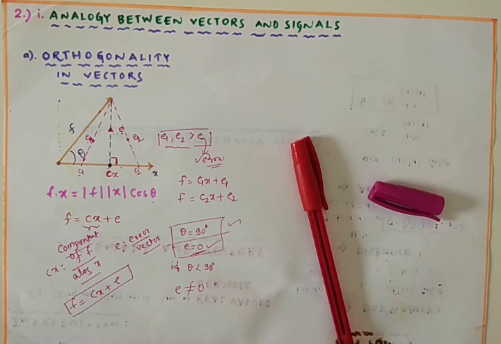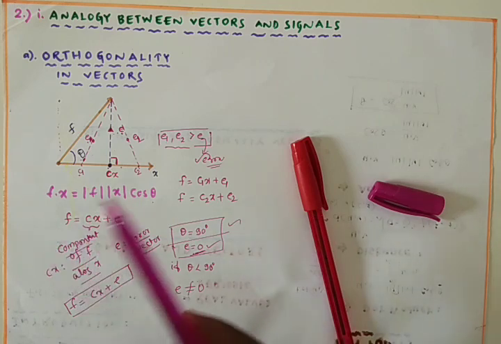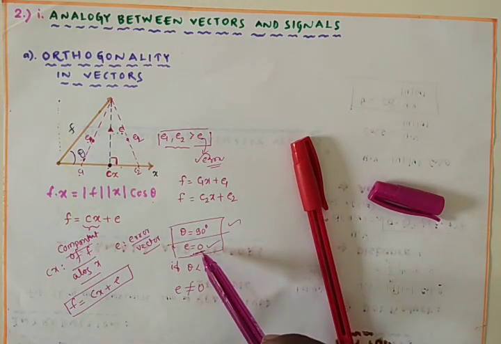Whenever two vectors are mutually perpendicular to each other, the angle between them is 90 degrees, the dot product of those two vectors is equal to 0, and then the error vector is also 0. These points we have to apply to signals also.